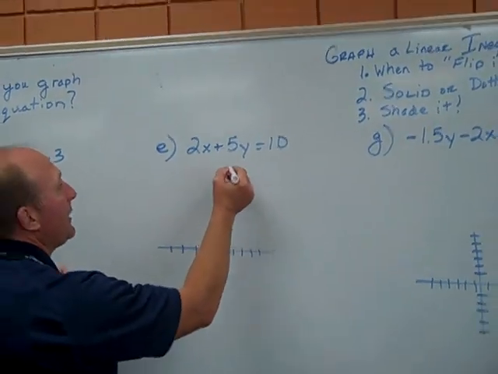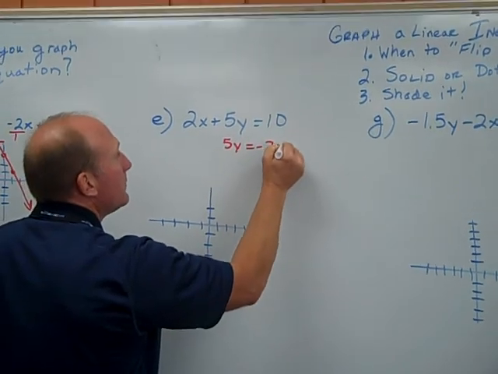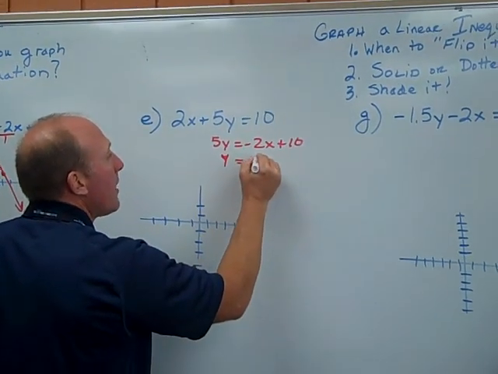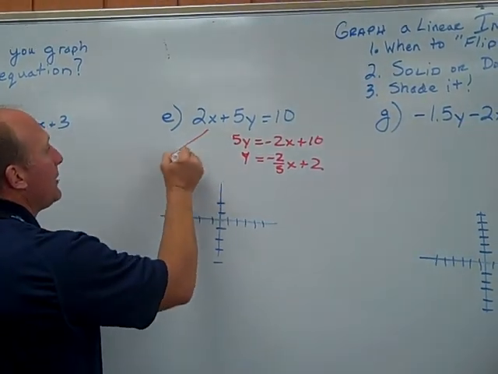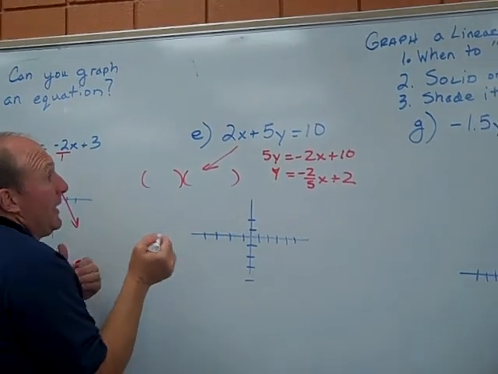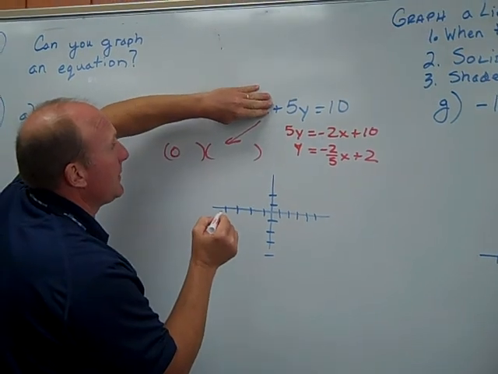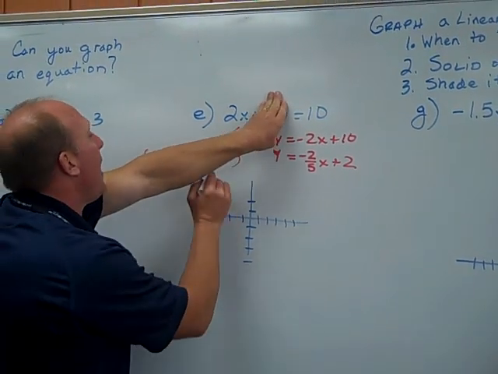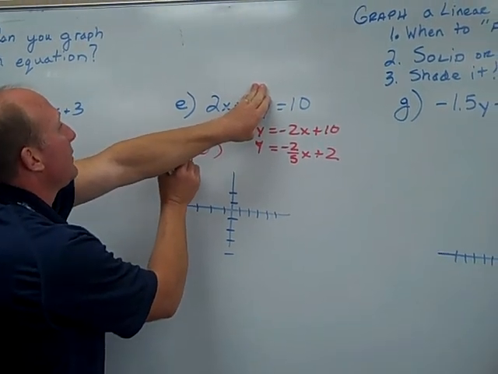Now this, there were 2 ways. We could rearrange it. Throw that over. Divide by 5. That's one way. Or you could just pick 2 points. Remember we talked about the intercepts. It doesn't have to be the intercepts, but those are the easy ones. Put a 0 in for x, it basically disappears. So y is 2. Put a 0 in for y, and 2x equals 10.